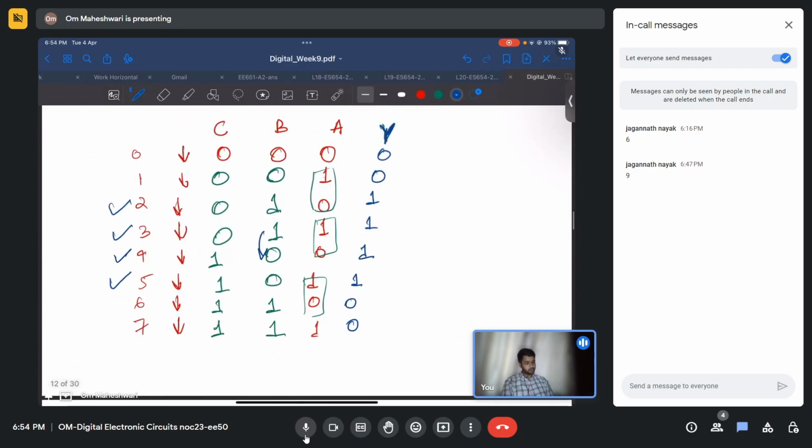To find an expression for Y in terms of C, B, A, we can make a K-map. Let us make a K-map with CBA: 0, 1, 3, 2, 4, 5, 7, 6. At 2 we have a 1, at 3 we have a 1, and at 4 and 5 we have 1.